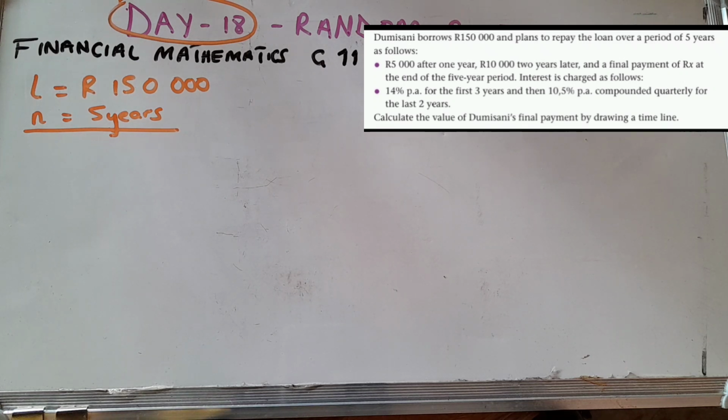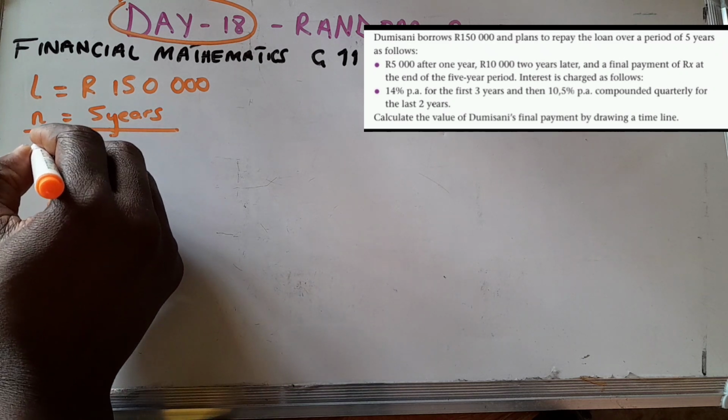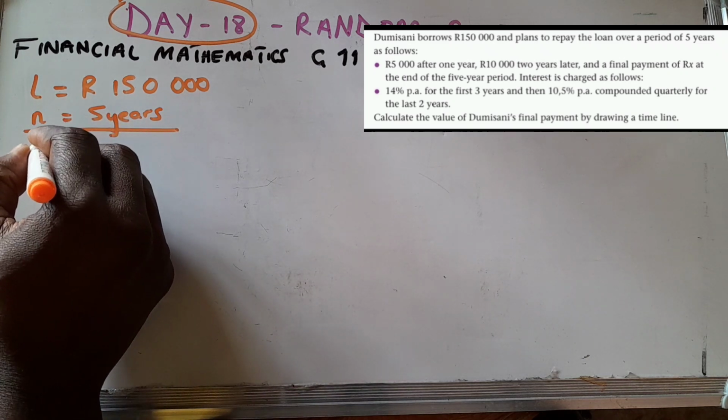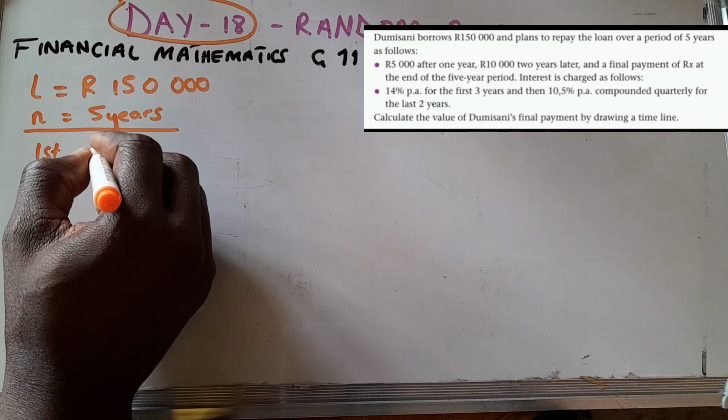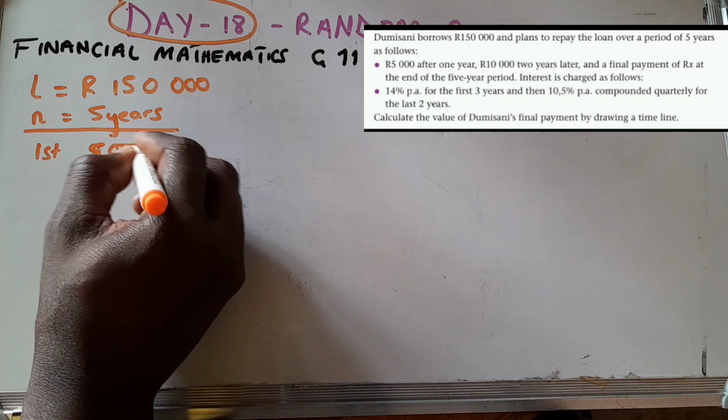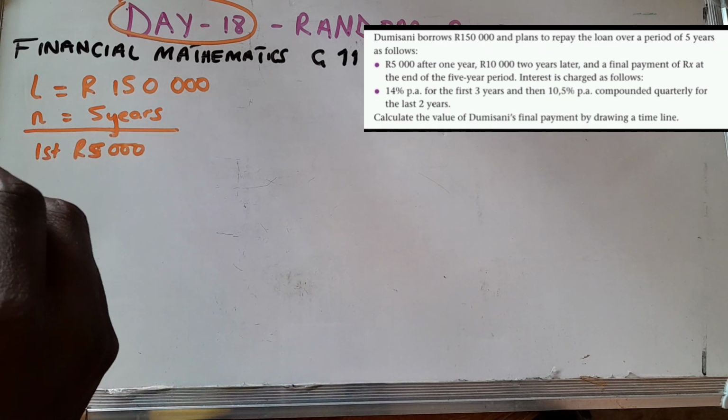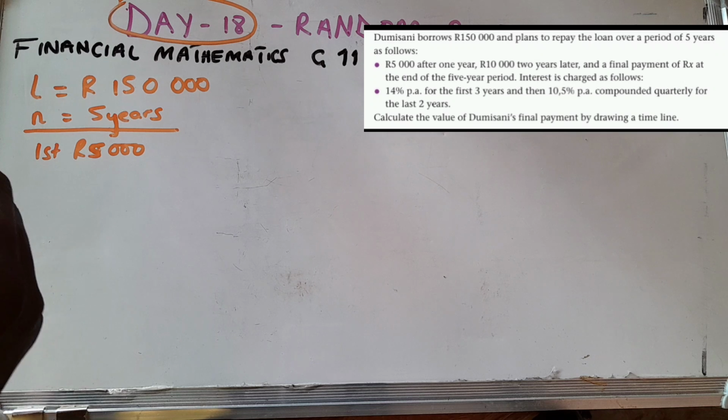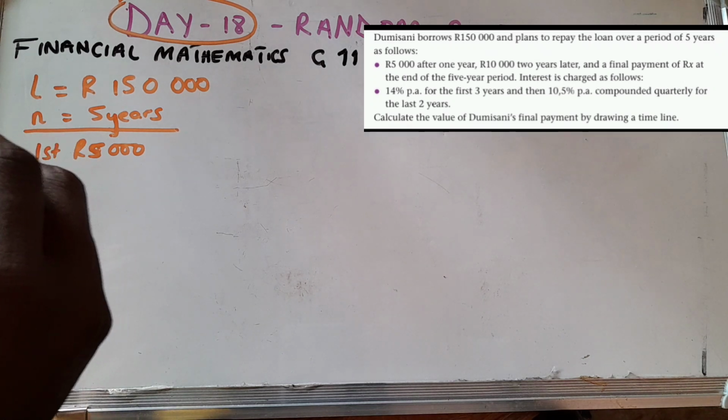So he plans to pay as follows: 5,000 after 1 year. So the first year he paid 5,000 rand, and then 10,000 2 years later.